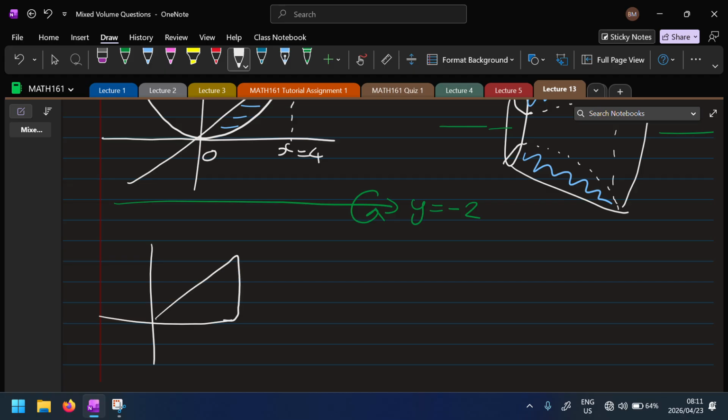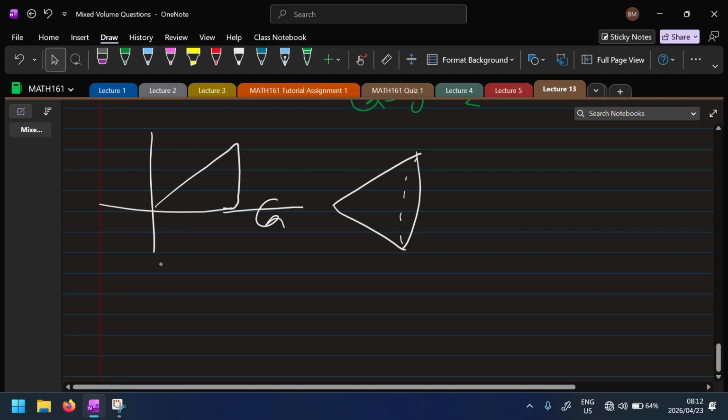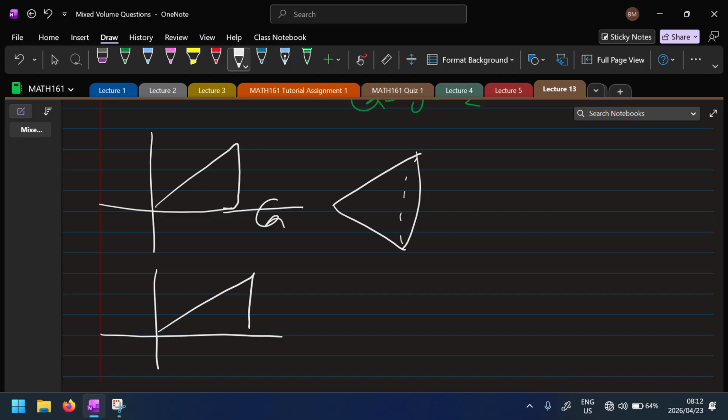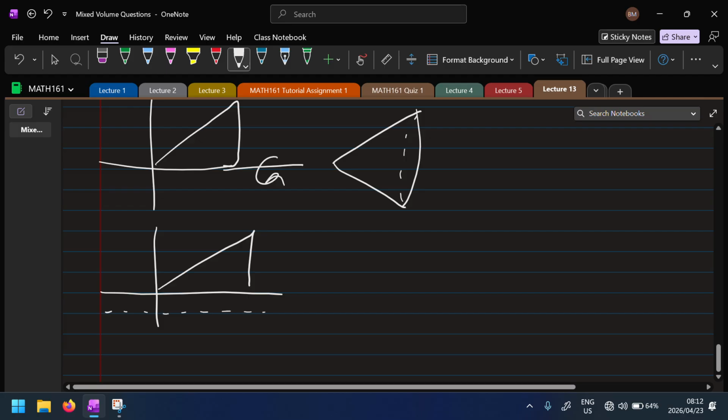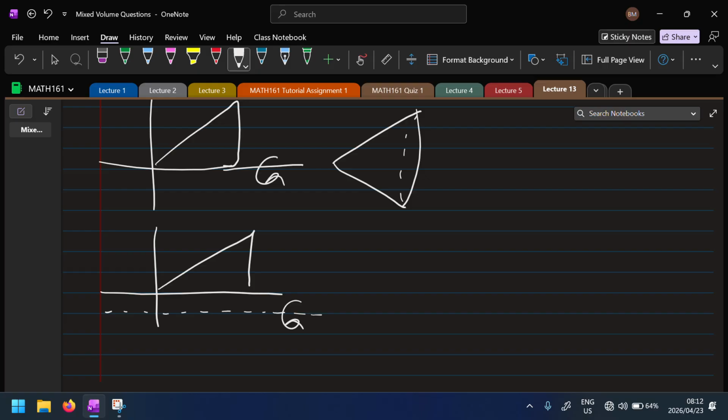So let's say we got something just like this. If we rotate this around just the x-axis, we end up with a pointy cone, because this point here goes around and we end up with this. Now, if we have a gap in the way, this flat bit over here is going to become a circle when we rotate around.